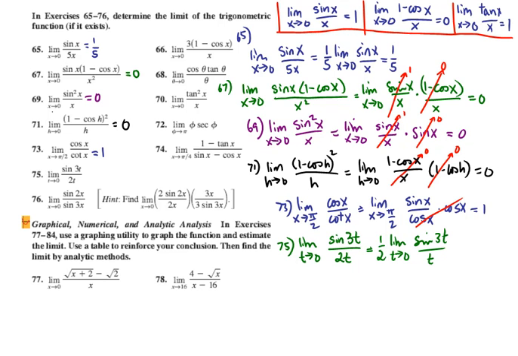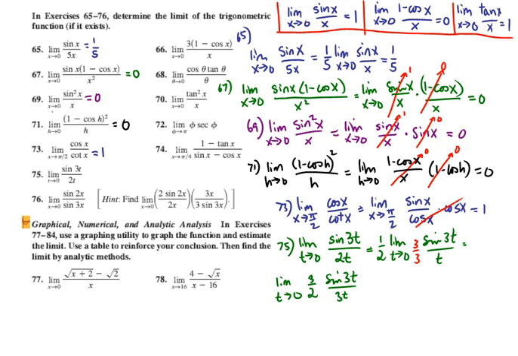But what we can do to compensate for that is to multiply the top and bottom by 3. And when we do that, we're going to take the 3 on the top and bring it out through the limit so that we get 3 over 2.